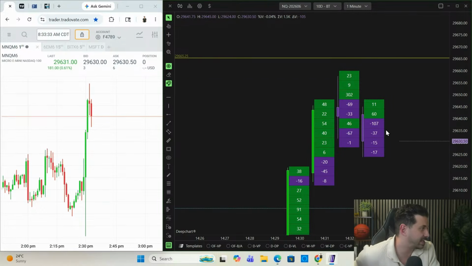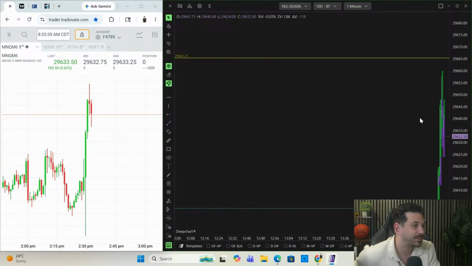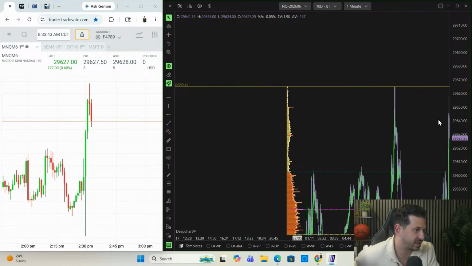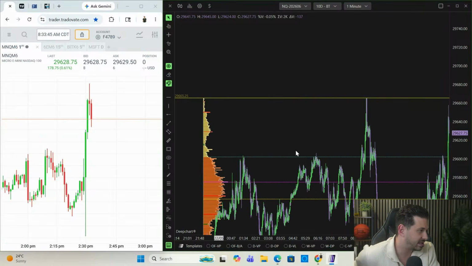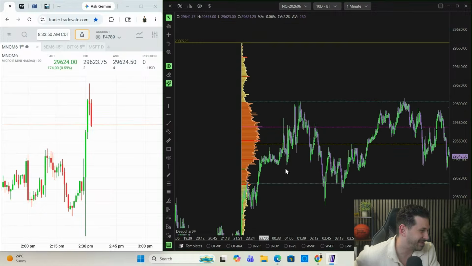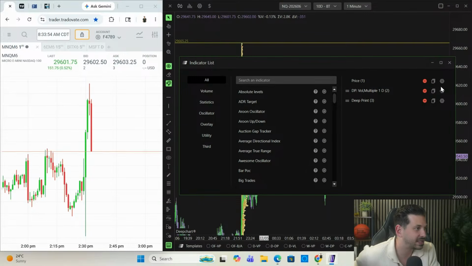Okay, let's see. Oh, lots of sellers coming in below. Oh, we haven't figured out levels yet. I've got the volume profile on Deep Charts already up, but it's kind of hard to see the levels, to be honest. Maybe under indicators I can change it.